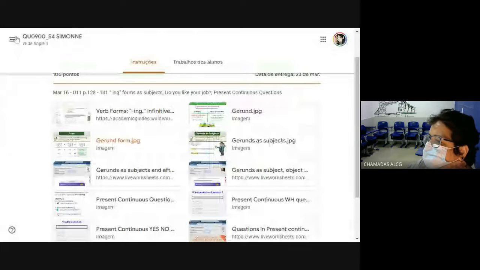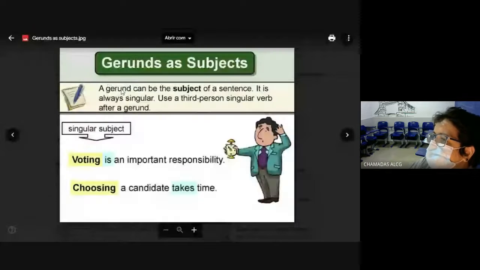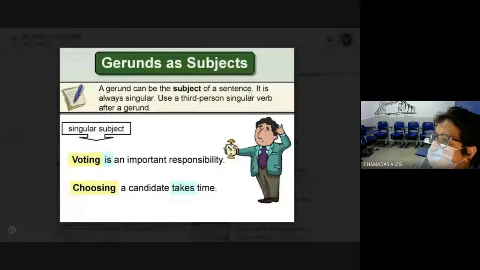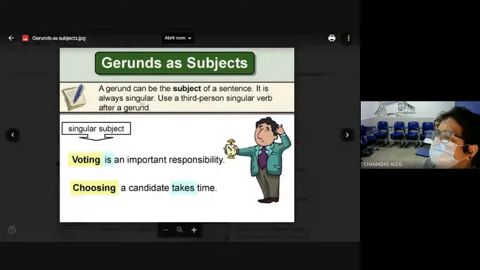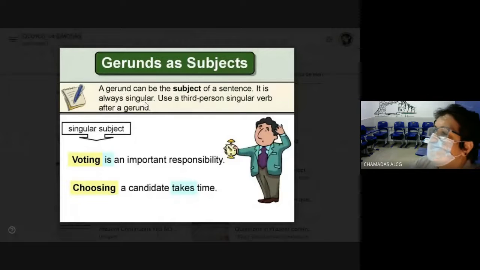And then finally here we have gerunds as subjects, because this is the point from lesson 11. Look, a gerund can be the subject of a sentence. It is always singular. We use a third person singular verb after a gerund. So look at the two options here. Can you read the examples, please, Felipe? "Voting is an important responsibility.